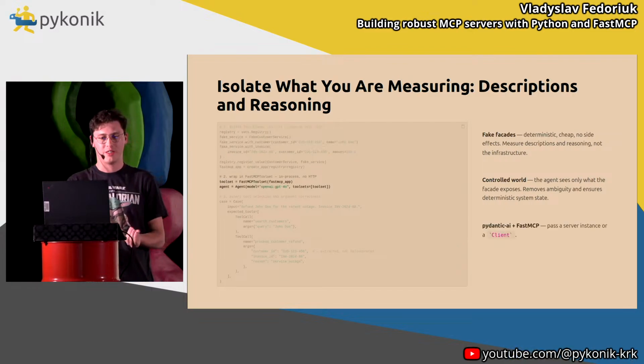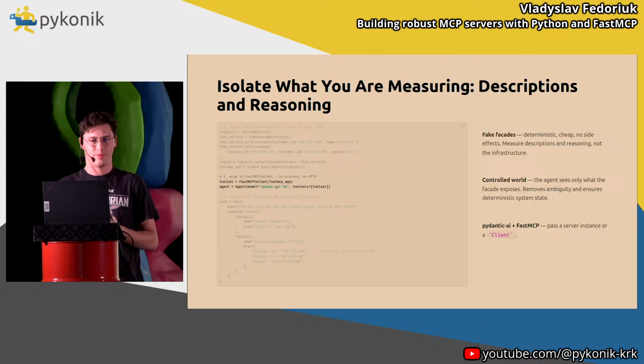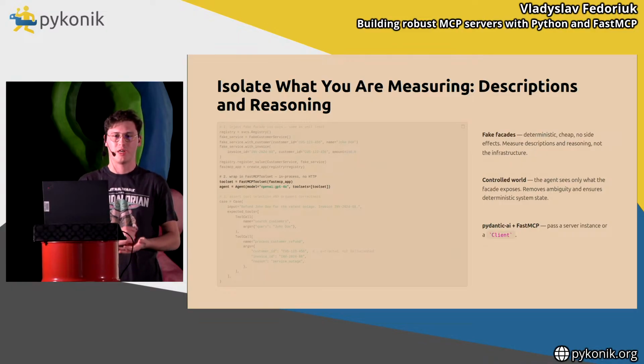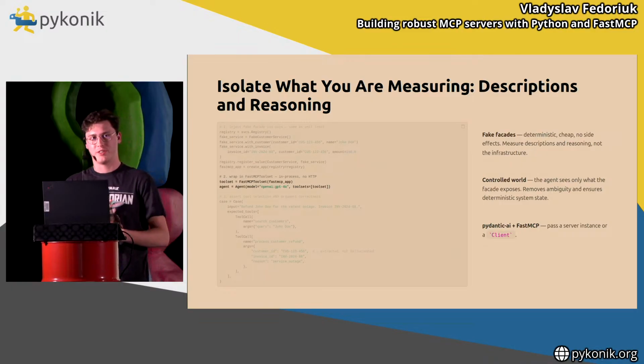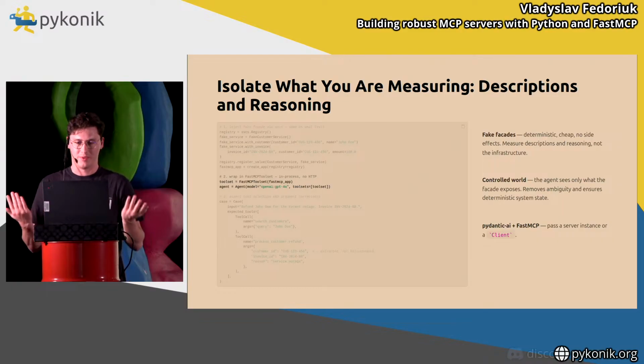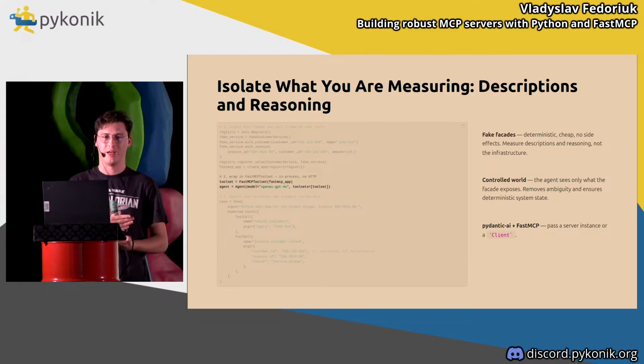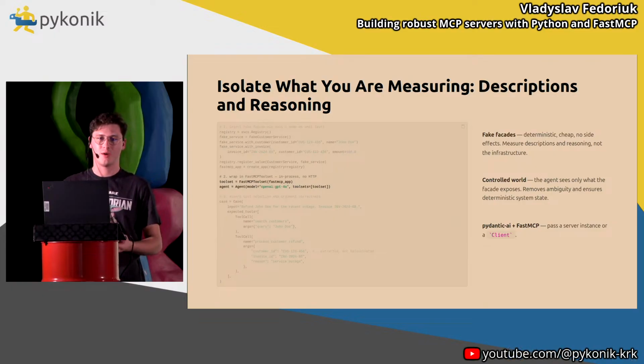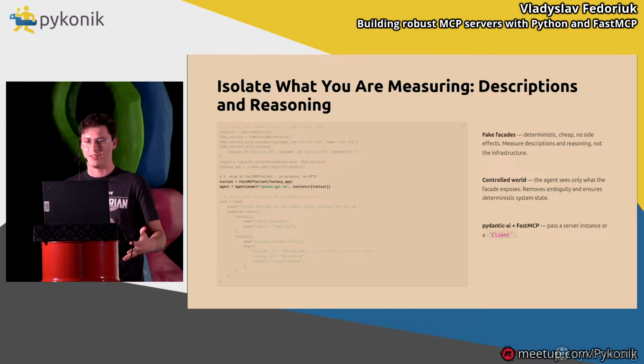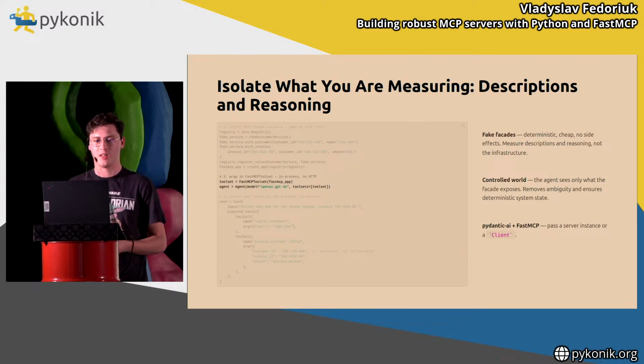And you can write evals with those fake services in place, because it's important to understand and prioritize what you are actually measuring. If you are measuring your system performance, reliability or stability end-to-end, probably it's not the best idea. But if you're trying to evaluate how well your prompts work, how well your descriptions and tool definitions work in terms of the LLM being able to understand them correctly, probably that's more than enough.